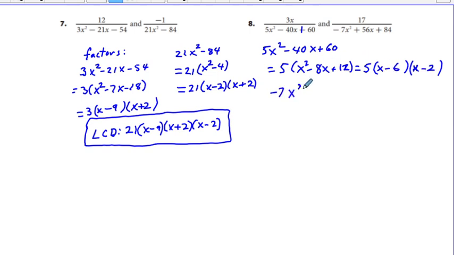Then the second denominator: squared plus 56x plus 84.